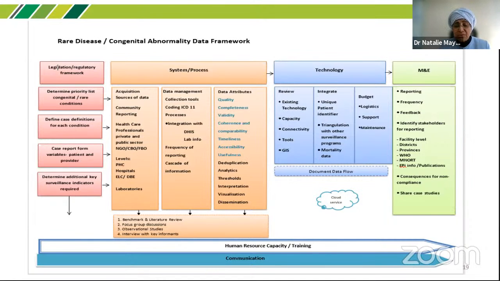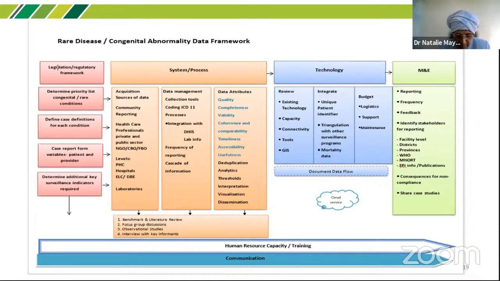We need to decide on the ICD-11 coding, the processes of integration, the frequency of reporting, and of course, the cascade of information to those who need to know. And how does that feed back into the system, so everybody who's reported knows and has access to information that determines the size, the scale, and the understanding of rare disease surveillance.